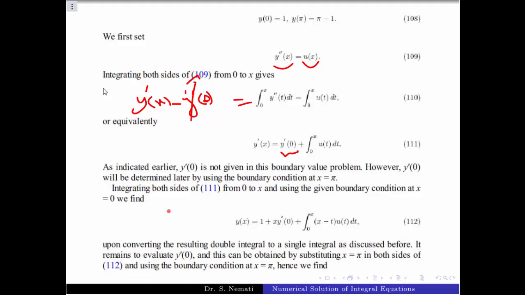Once again, integrating both sides of this equality gives y of x minus y of 0 equals the integral of y prime of 0, which is a constant number, plus the integral of u dt.